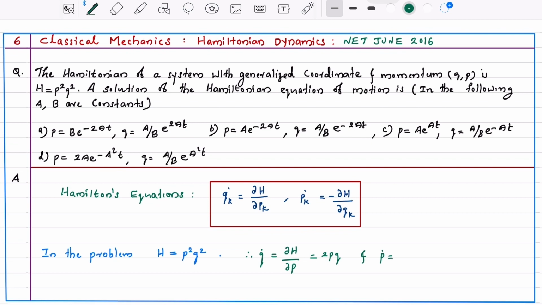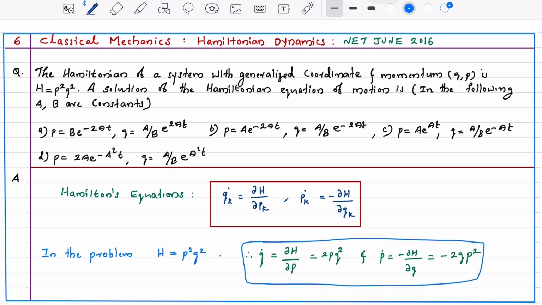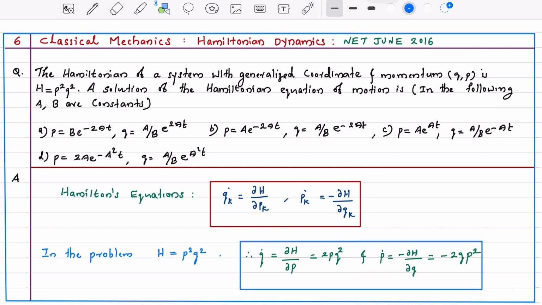Similarly, p dot is equal to minus dou H by dou q, that is equal to minus 2q p squared. These are the values of q dot and p dot from Hamilton's equations.